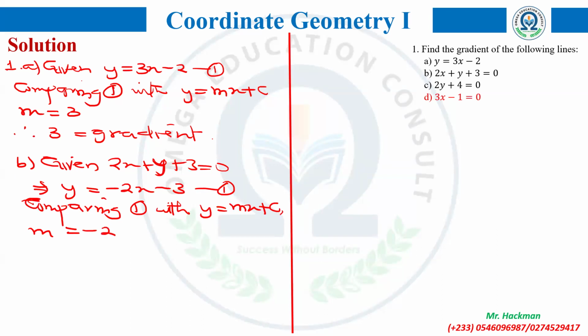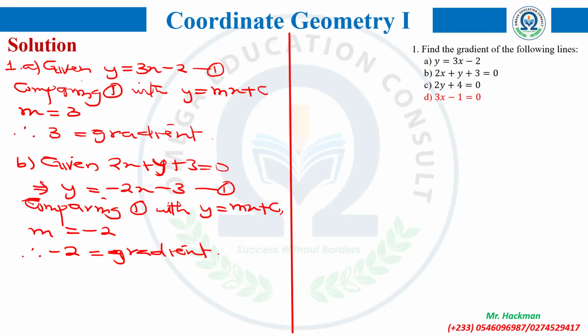Do you agree? Yes, please. So therefore, negative 2 is equal to the gradient. All correct? Yes, please.